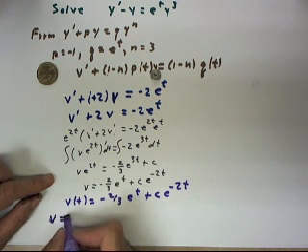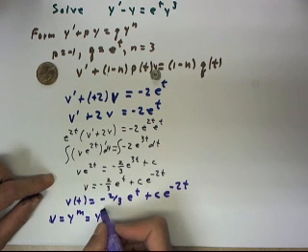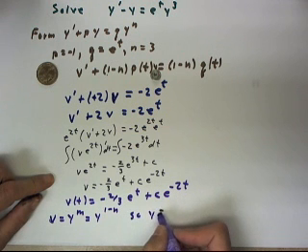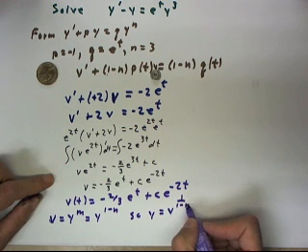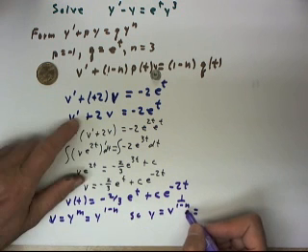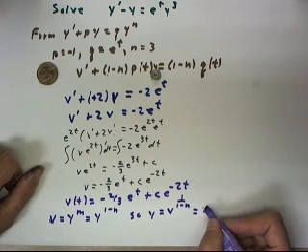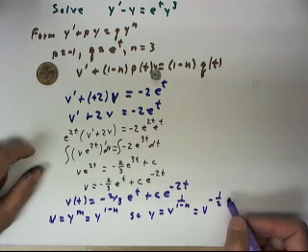v equals y to the m equals, in this case, y to the 1 minus n. So y equals v to the 1 over 1 minus n. And n equals 3, so that's v to the negative 1/2.